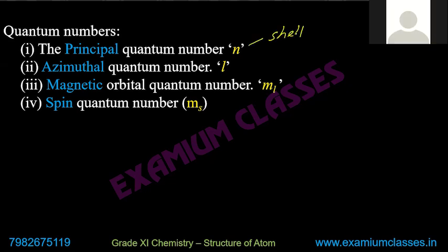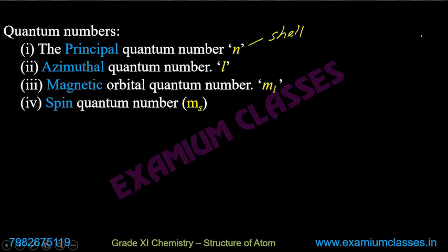Azimuthal quantum number tells you that within that shell, there is more than one subshell. So in which subshell? The value of the azimuthal quantum number, that is the value of L, will decide the subshell in that shell.